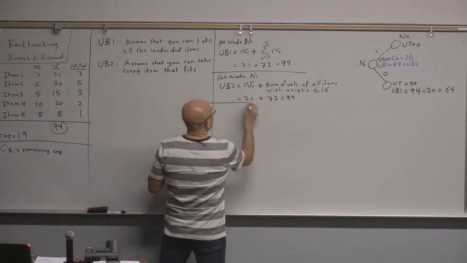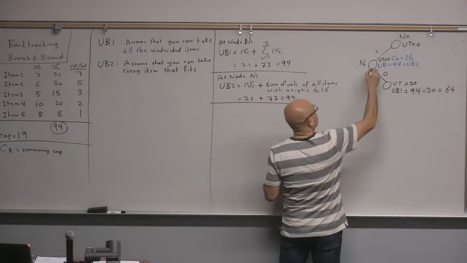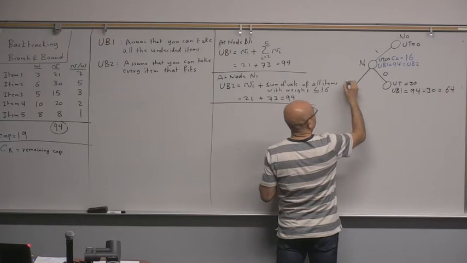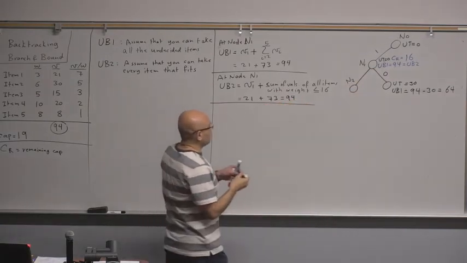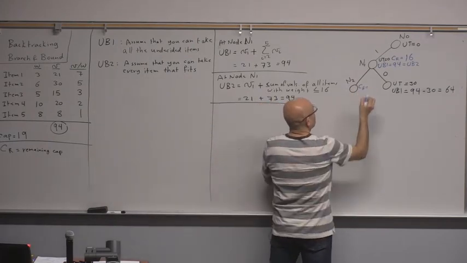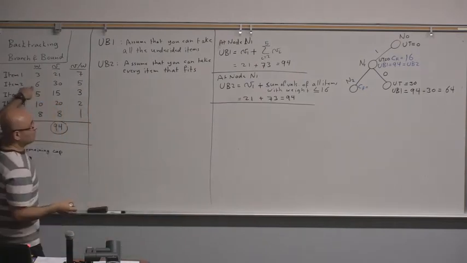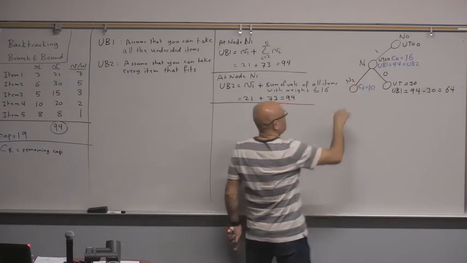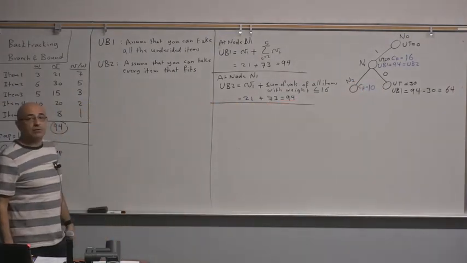Okay, now, if we go to node number 2, what will be the remaining capacity? The remaining capacity would be, you subtract 6 more, so you will get 10. So at node number 2, will there be a difference between upper bound 1 and upper bound 2?